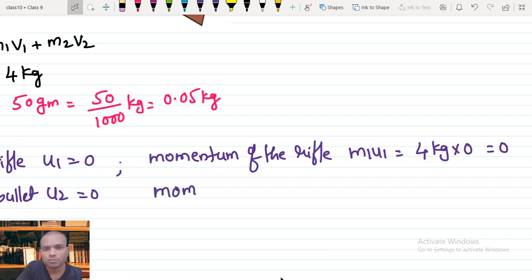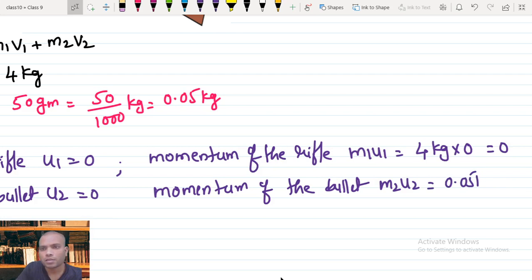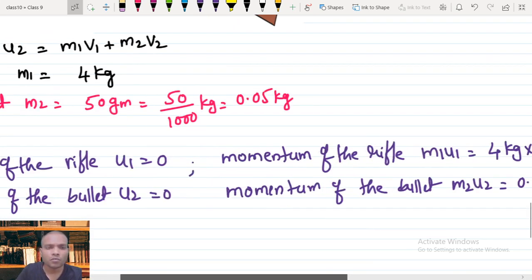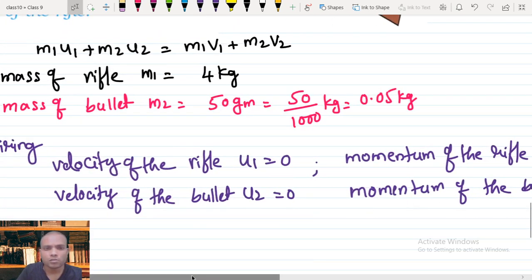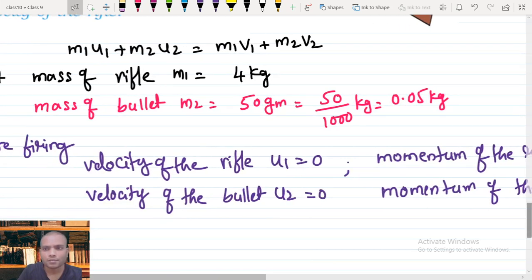Therefore the momentum of the bullet equals m2 u2. So momentum value 0.05 kg times 0 will give 0, because before firing, the bullet is also at rest.